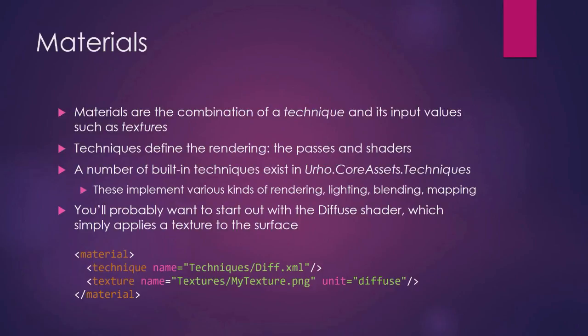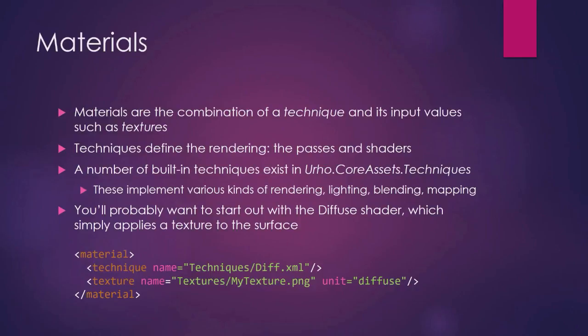And in Urho terminology, there's this additional concept called technique. Materials are a very broad concept. You'll find those all over the place. Techniques are kind of Urho specific, but these are XML files that define how the shaders plug into the various passes of the engine.